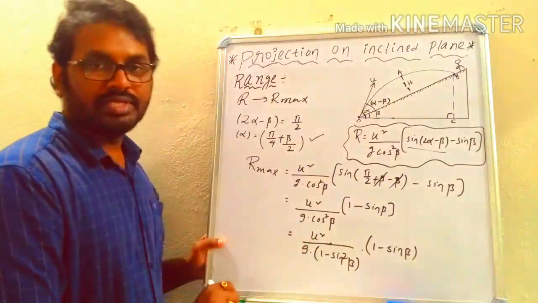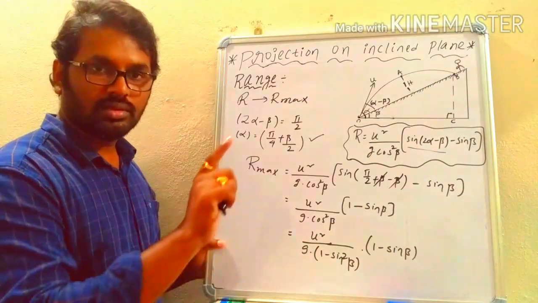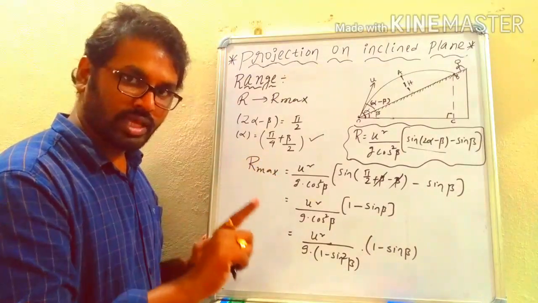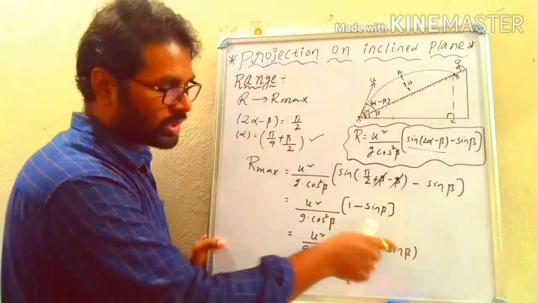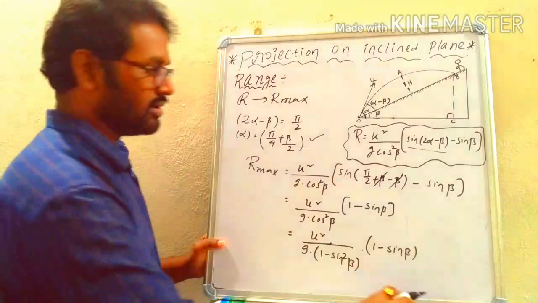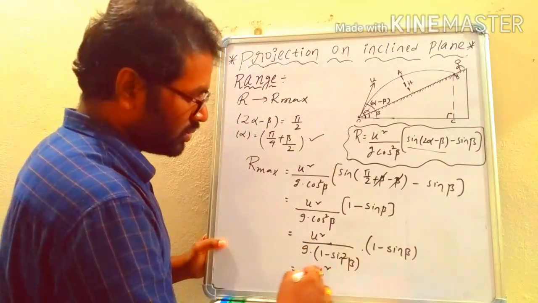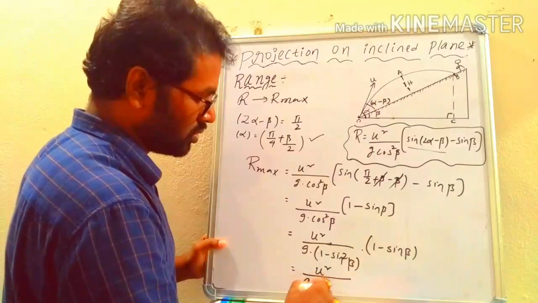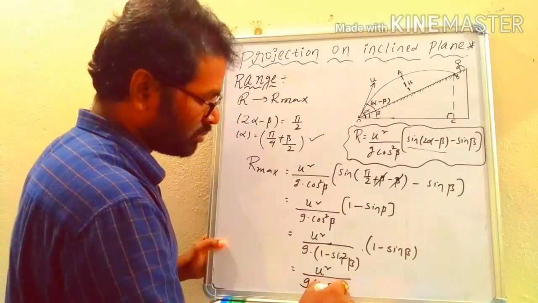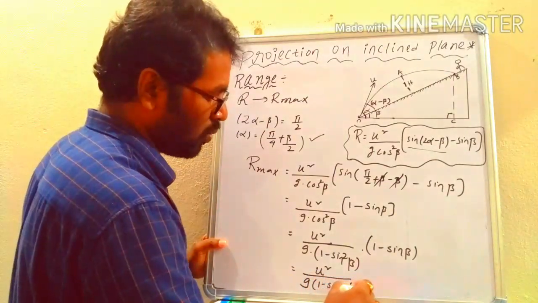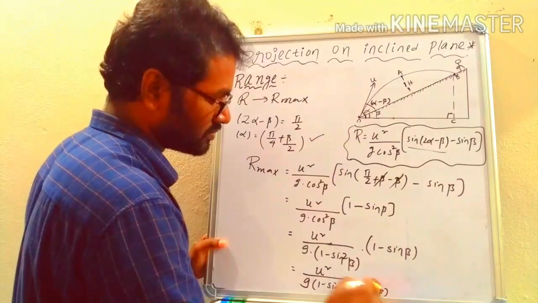A square minus b square, we can write as a minus b into a plus b. So 1 minus sine square beta is written as 1 minus sine beta into 1 plus sine beta.